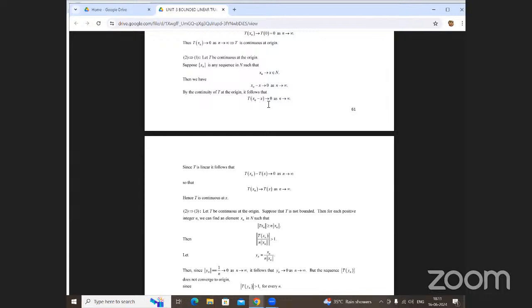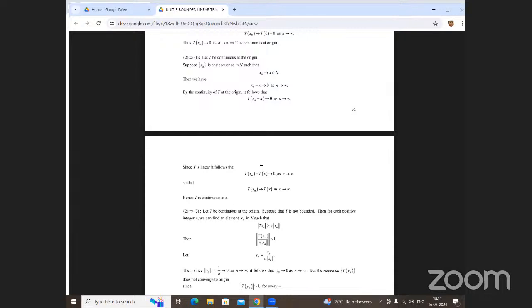So T of xn minus x converges to 0, which by the linearity property means T of xn minus T of x converges to 0. Now by the algebraic property, adding T of x on both sides: T of xn minus T of x plus T of x approaches 0 plus T of x, which is T of x.